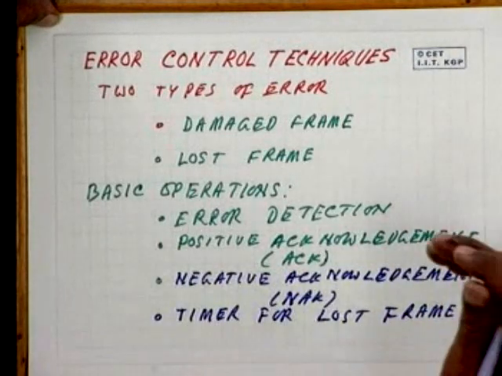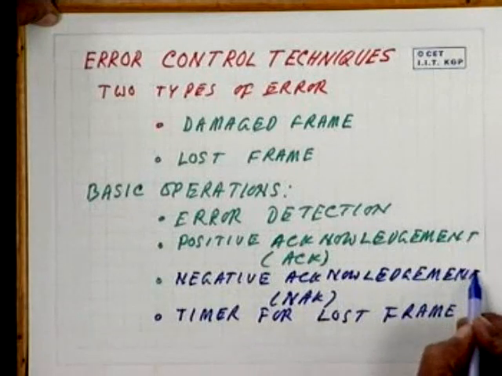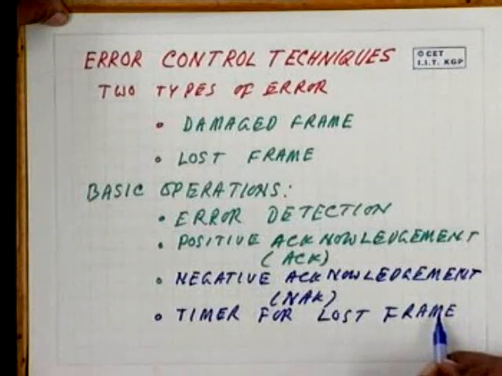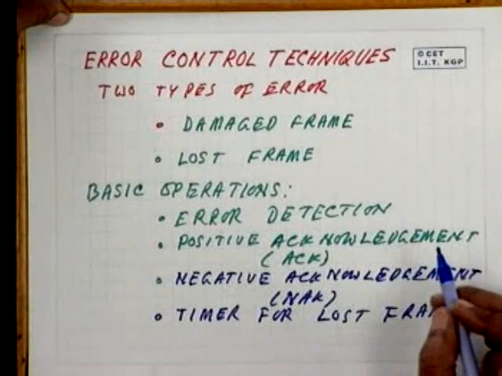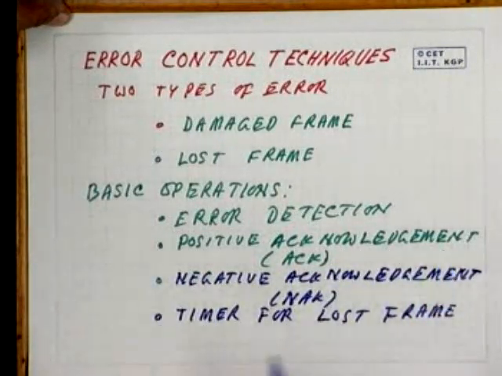So either the frame is damaged beyond recognition, or a positive acknowledgement or negative acknowledgement which has been sent by the receiver is received by the transmitter in such a damaged form that it is not recognizable. In all the situations, the timer will take care of it and retransmission has to be done by the transmitter.